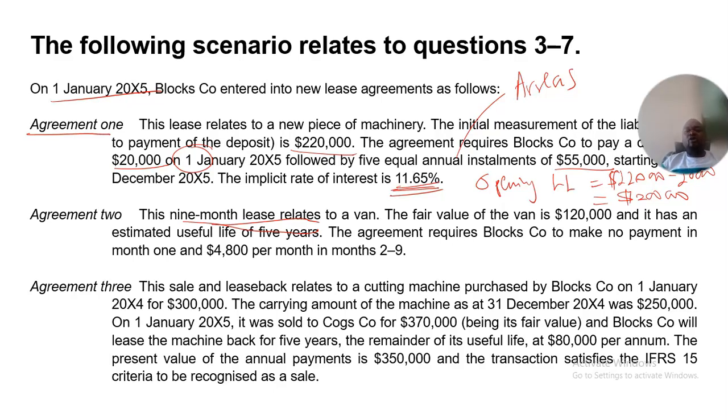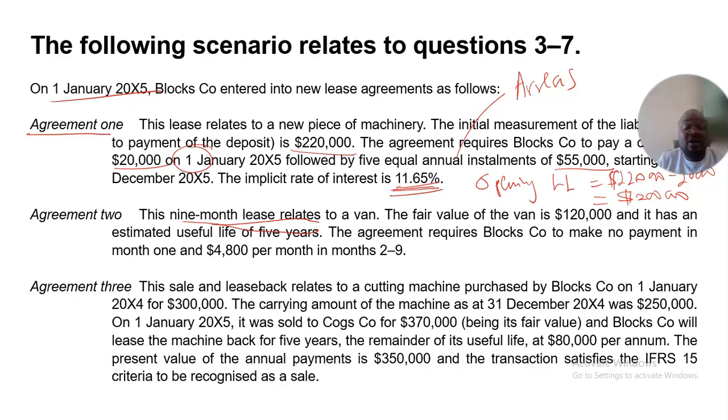The fair value of the van is 120,000 and it has an estimated useful life of 5 years. But for our purpose, it's a 9-month lease. So the underlying asset could have a useful life of many years, but you are allowed to enter into a 3-month lease in relation to that asset.